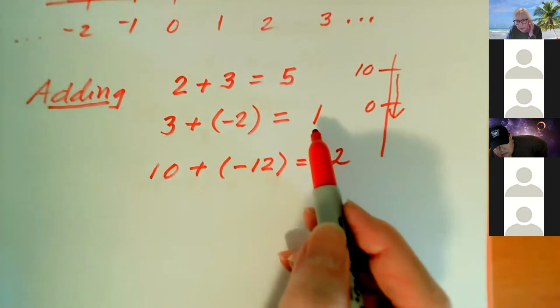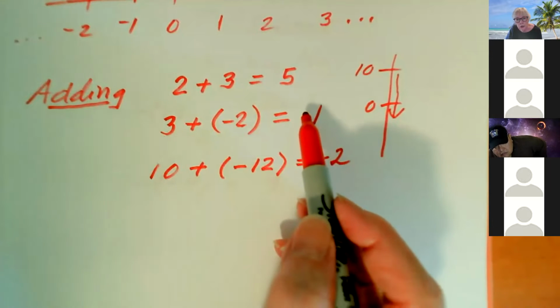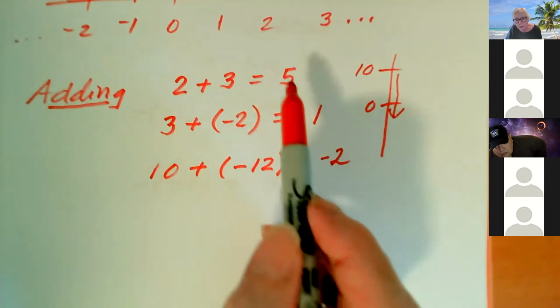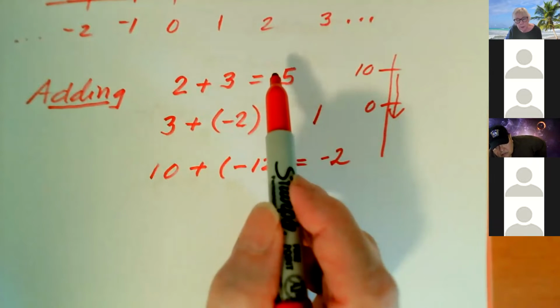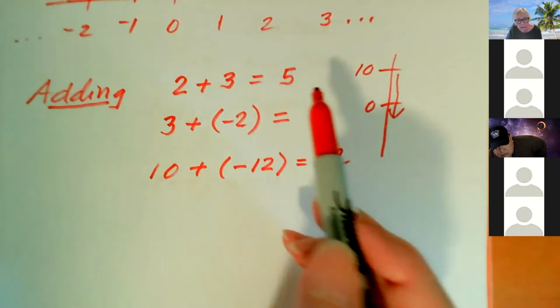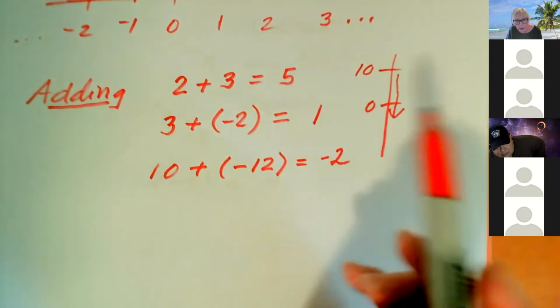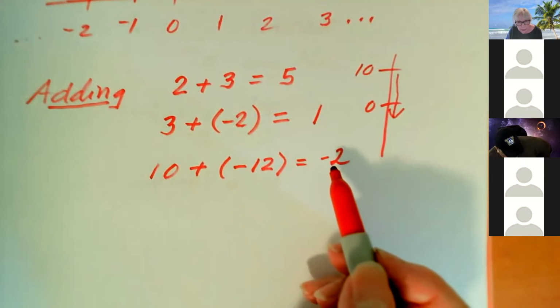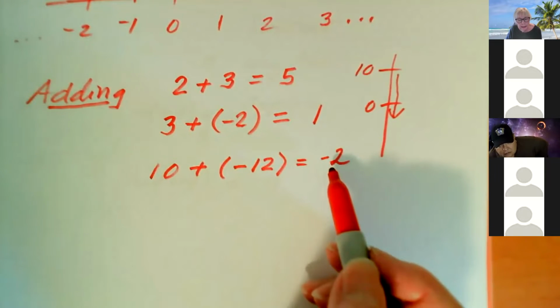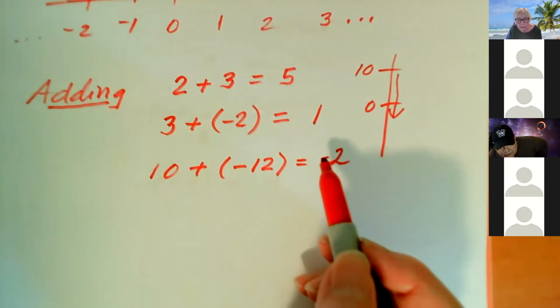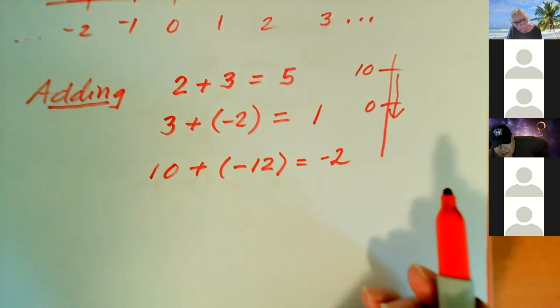And so it ends up being positive. Now, when there's no sign in front of it, we assume that's positive. So this one was +5, although we usually just say 5 because you know how we are. This one was 1, but it's also +1. But this one, wait a minute, we had to indicate that this is below 0 and this is -2. Okay.